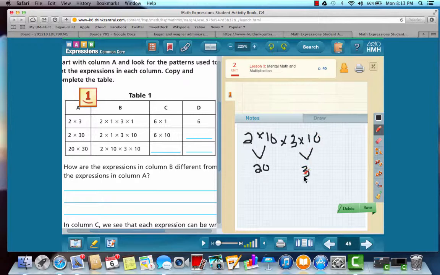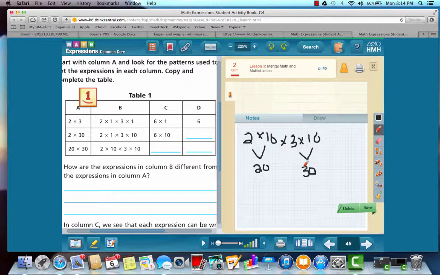But to be able to make it easier in your head to multiply, and again, this is going to only be done when you are using multiples of 10. So for instance, 10, 20, 30, 40, 50, 60. It can only be used when using multiples of 10.